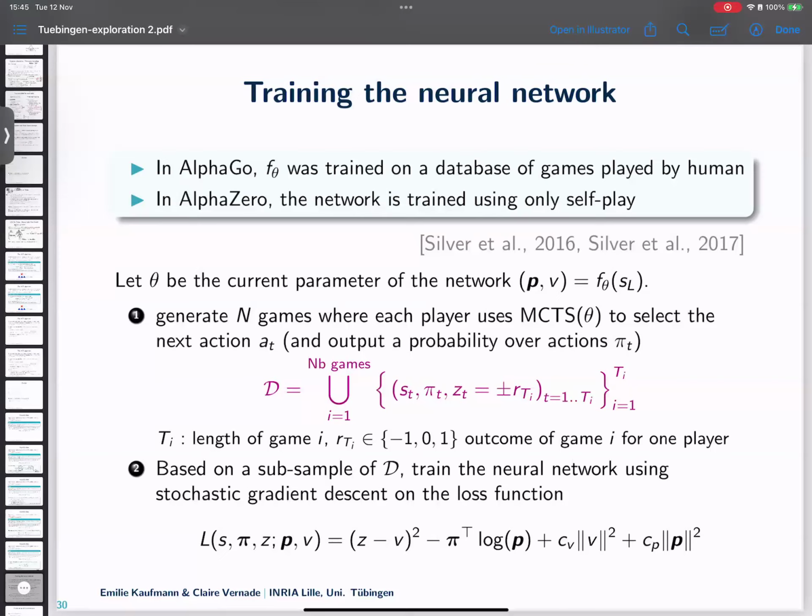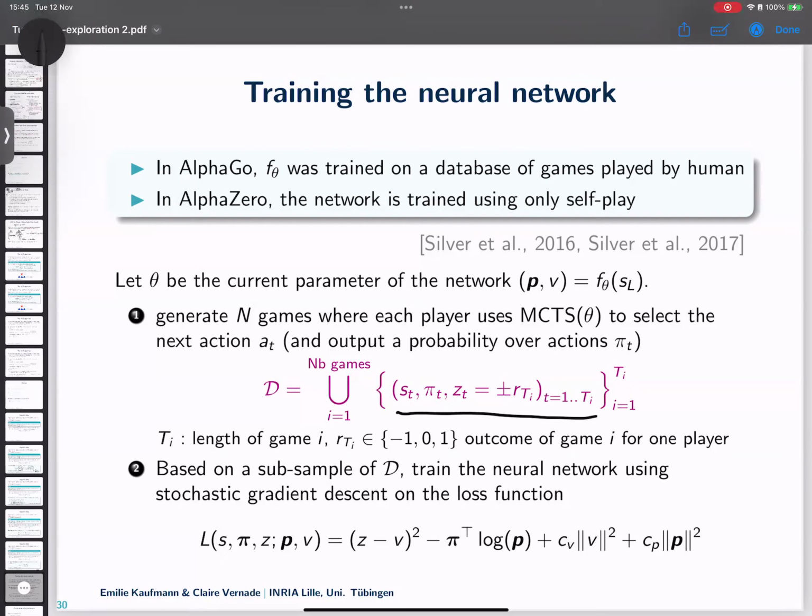So each MCTS is going to collect large sequences of states, policy over action, and rewards, and this data. And every now and then you backpropagate. You give that to your neural network, and you minimize the loss.